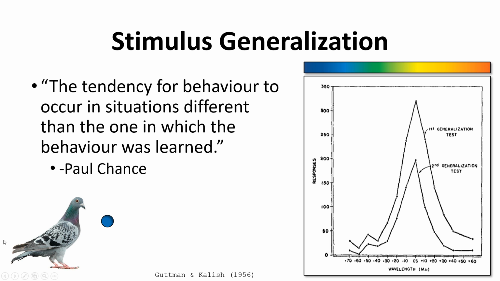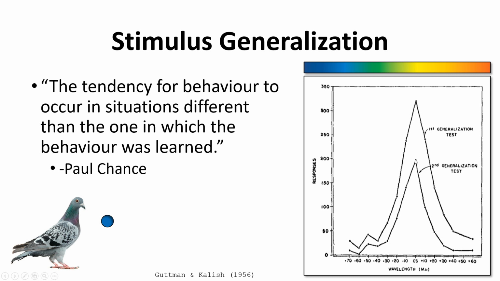So if we think about the pigeons in a box pecking a button, and they have different colored lights that come on to tell them when pecking that button gets them food or not. In this case, at the bottom here, they have a CS, which is just operant experiment terminology for basically our discriminative stimulus.